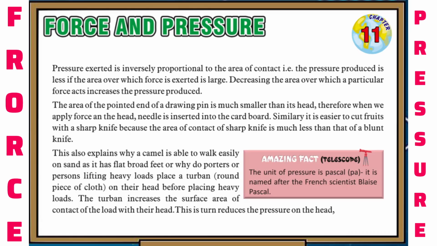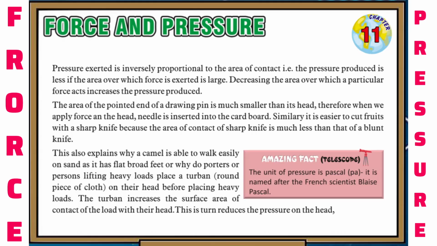The area of the pointed end of the drawing pin is much smaller than its head. Therefore, when we apply force on the head, the needle is inserted into the cardboard. Similarly, it is easier to cut fruits with a sharp knife because the area of contact of a sharp knife is much less than that of a blunt knife.